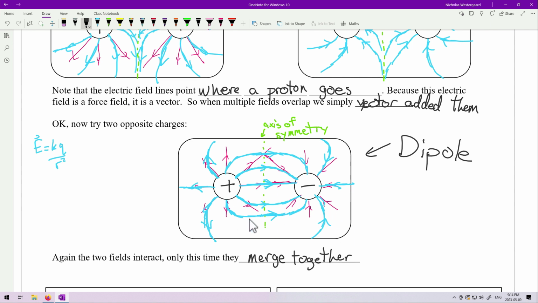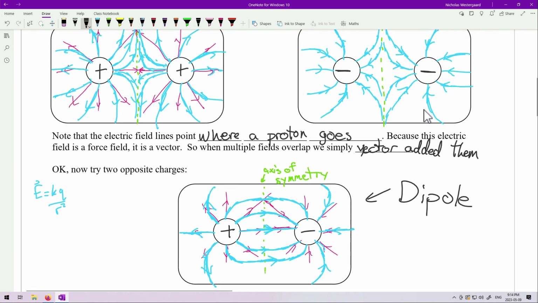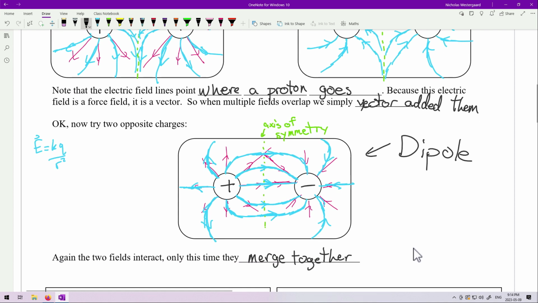We're going to work on visualizing these different types of fields and field lines when they're in different shapes or different configurations, when their charges are different. But if you know how like charges look and how a dipole looks, you can kind of mix and match. For example, if I had something that looks like this, if I had a positive, positive, negative, you can kind of separate it into pieces.